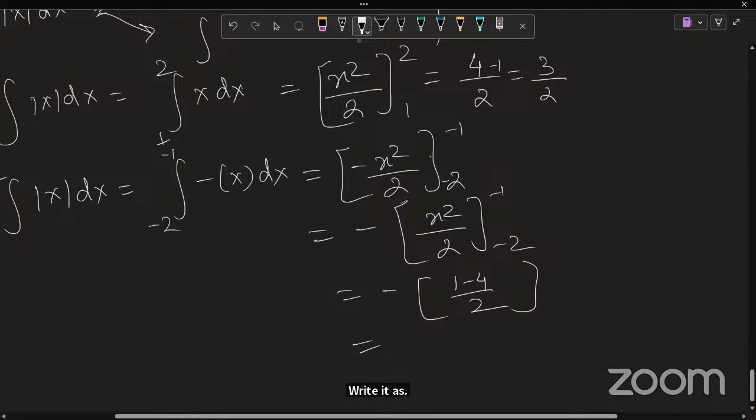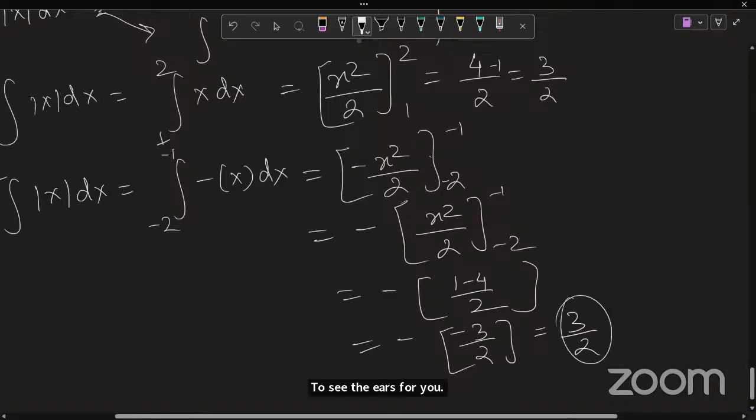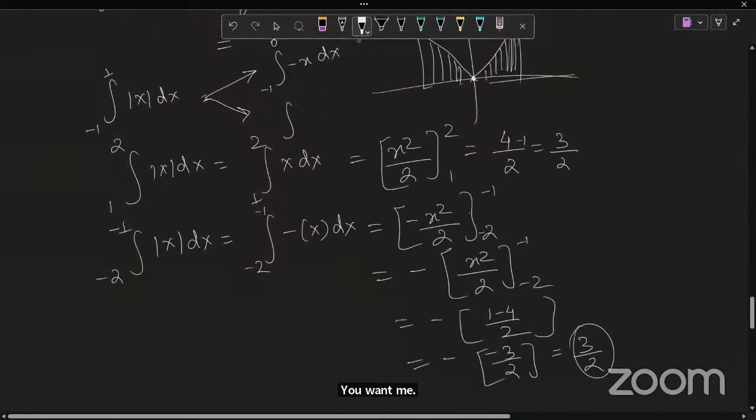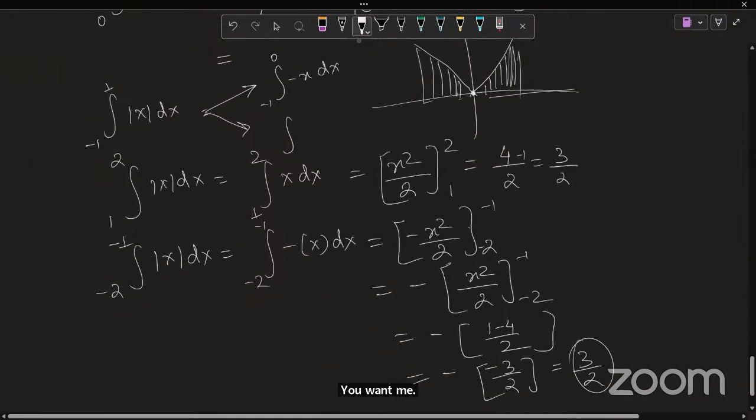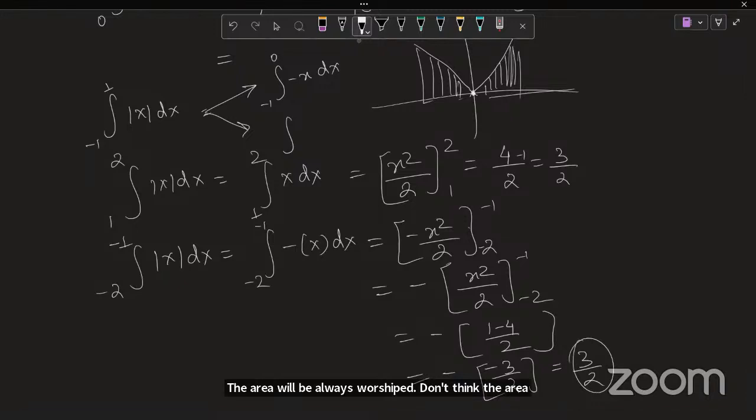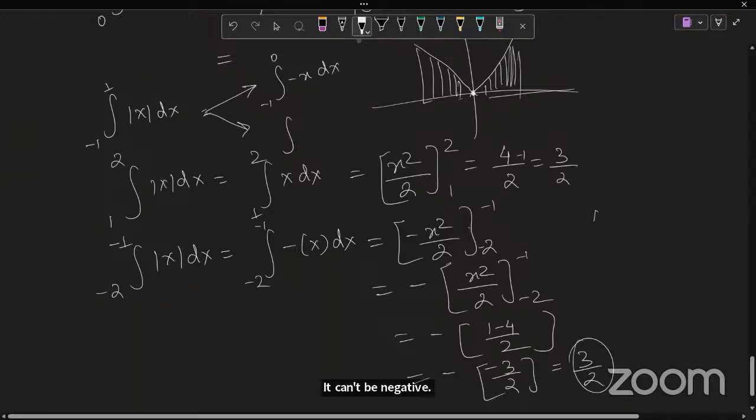So minus of minus 3 by 2. See, the area is positive, the same area. It is not equal to 0. The area will always be positive. Don't think the area will be negative. It's the absolute value. If a question asks for the area and you integrate and get the value as minus 2, you have to take the absolute value, the mod. Okay.